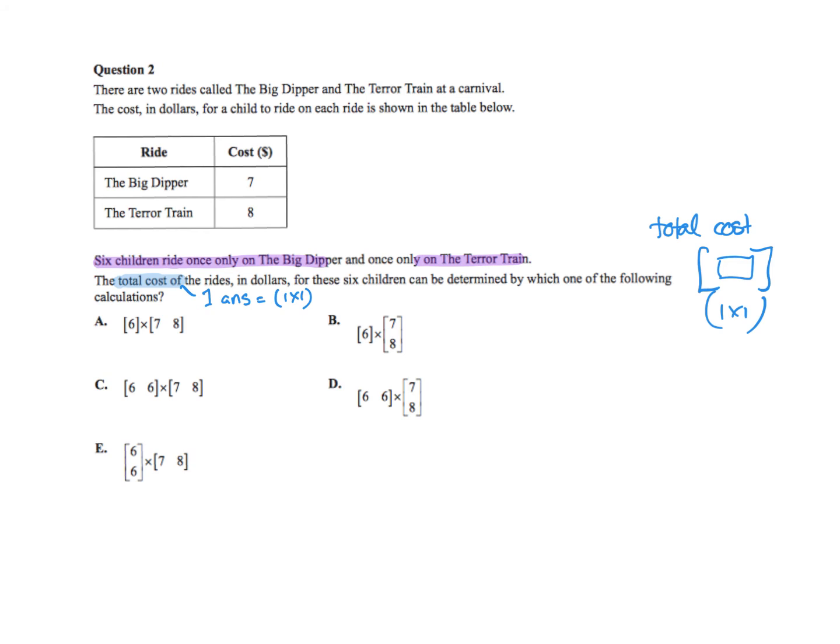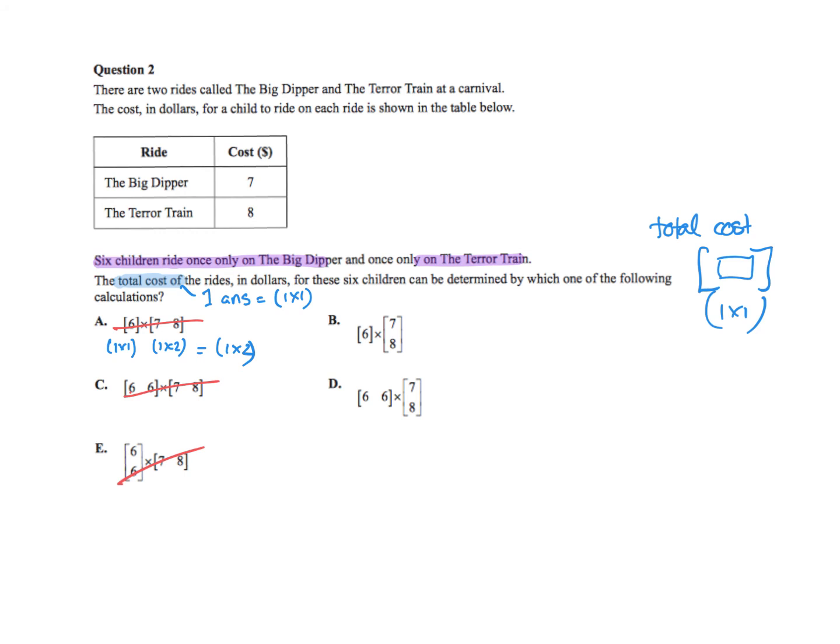Because if you look at the matrix multiplications, first here, this is a 1 by 1 getting multiplied with a 1 by 2. What will that give me? That will give me a 1 by 2. That won't be what I want, isn't it? So straight away, I can get rid of that. I can get rid of this one, yeah? Because this is going to have 2 columns. Get rid of this one. And now I'm down to these ones.